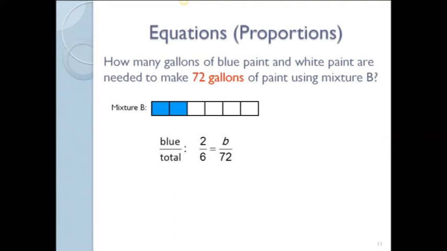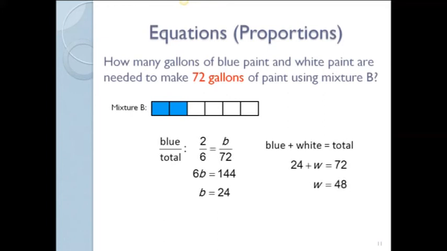Let's remember that B does not stand for blue, but rather the number of gallons of blue. Then we solve the equation to determine gallons of blue. We remember that blue and white together make the total amount, substitute in what we know, and arrive at the amount of white.